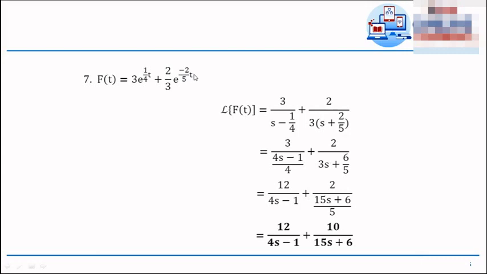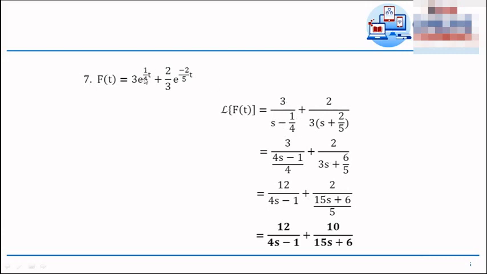Okay? So your solution is 1 all over s minus a plus 1 all over s plus a. Okay? So we have your 3. Since we have your numerical value, we have 3 all over s minus a.